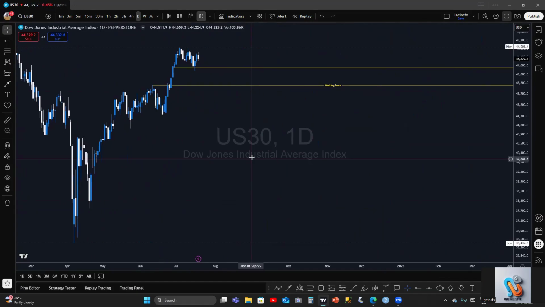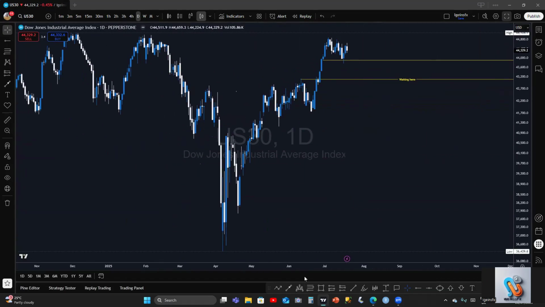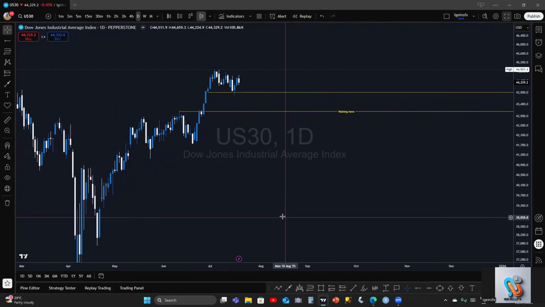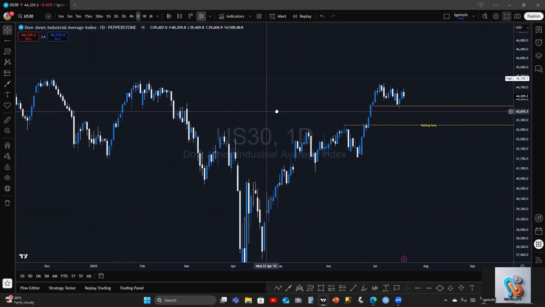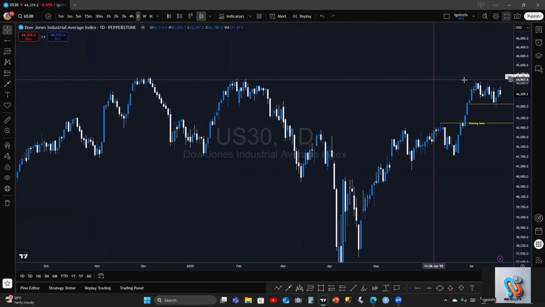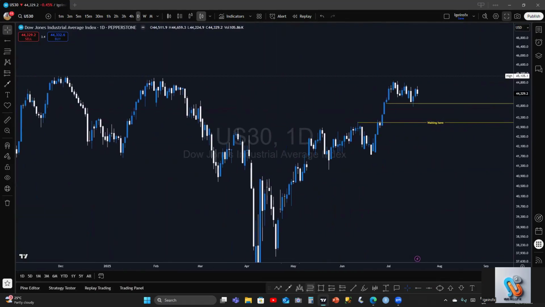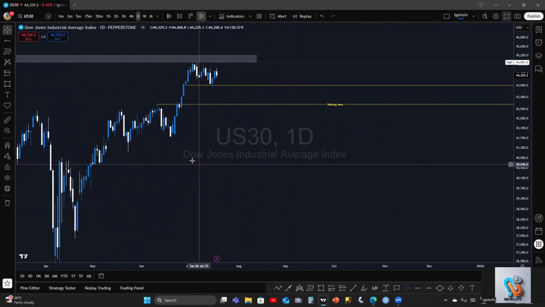It looks like there's a strong resistance here. You can see this point. There's a strong resistance here. Price got a drop, we got a drop, we got a retest again, and it's pulling back.